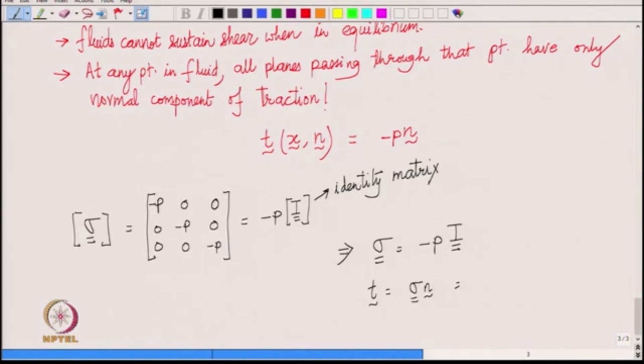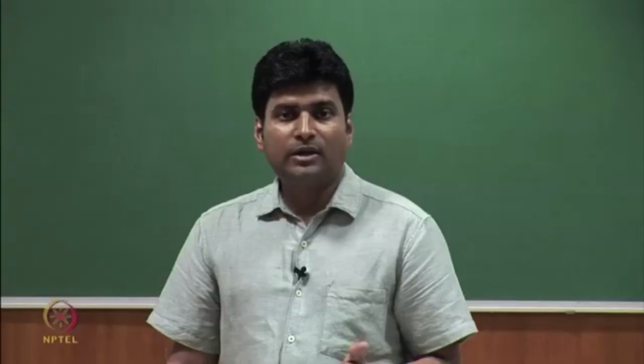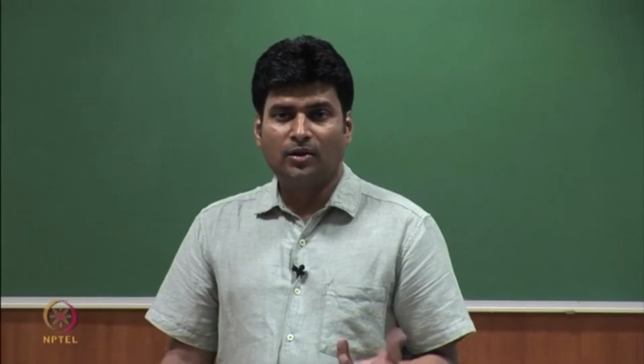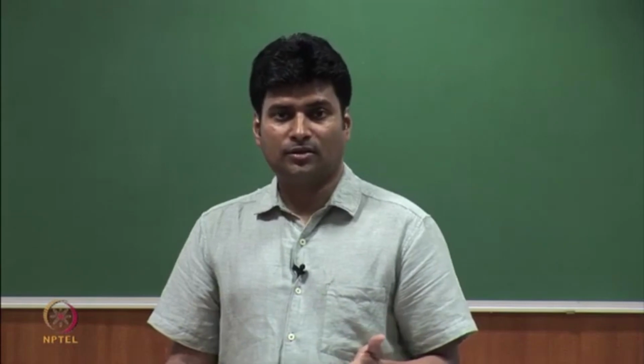Identity gives you the same vector, minus p n, that is what we wanted, right. So, the stress tensor for a fluid body in statics is simply minus p times the identity.